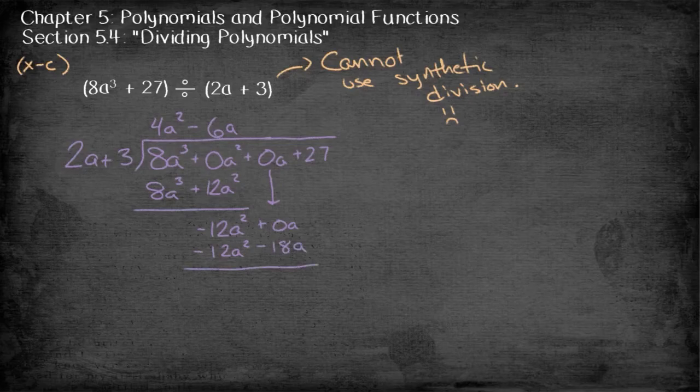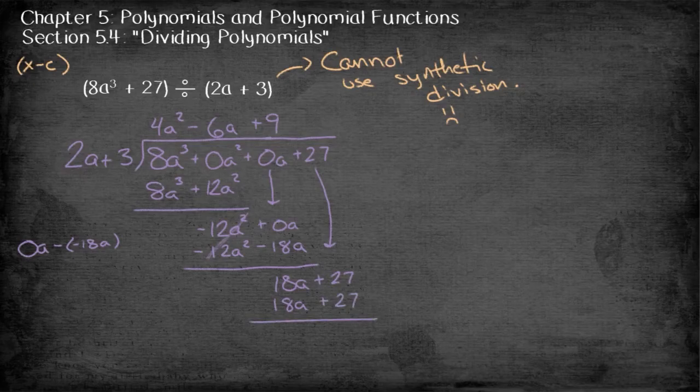I am taking 0, so these guys are done for, but I'm taking 0a minus negative 18a. So actually it's 18a. And I bring down my plus 27. To get 18a from 2a, I gotta multiply by positive 9. And when I distribute, I get 18a plus 27. So I have a 0 remainder, and my answer is 4a squared minus 6a plus 9.